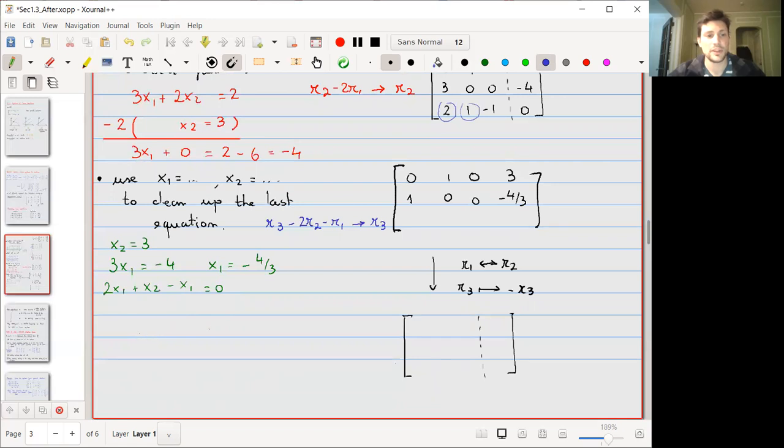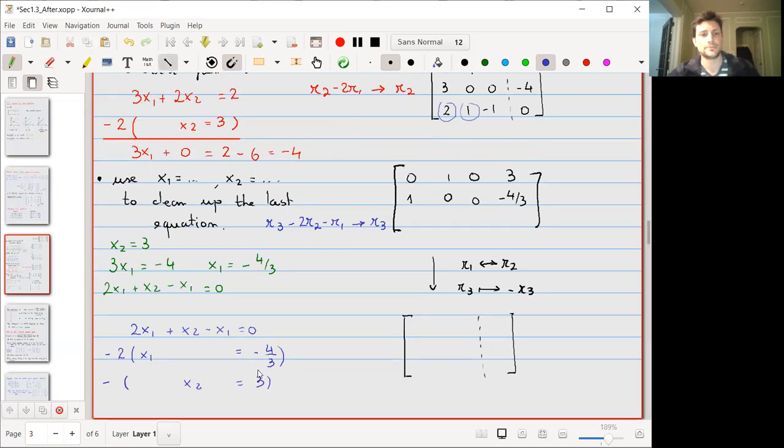My third row is now 2x1 plus x2 minus x3 is equal to 0. From this, I subtract twice the second row, which is x1 equals minus 4/3. And then I subtract the first row, which is x2 equals 3.